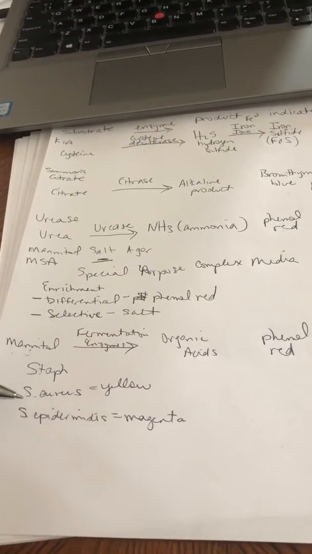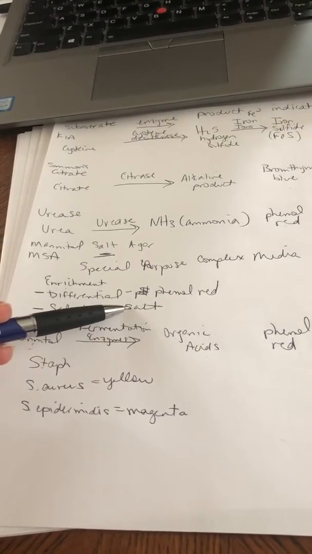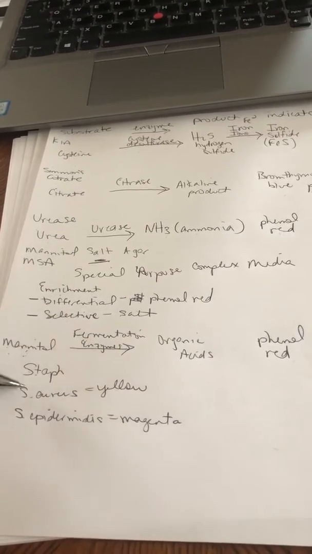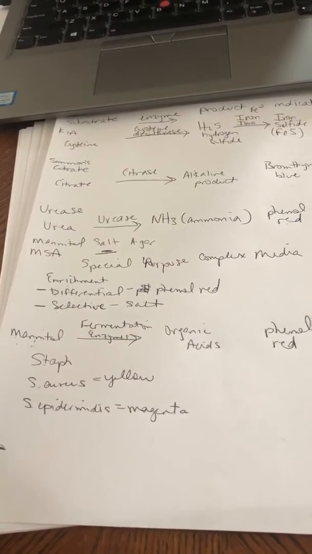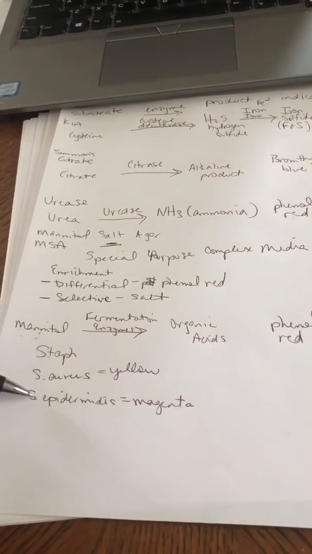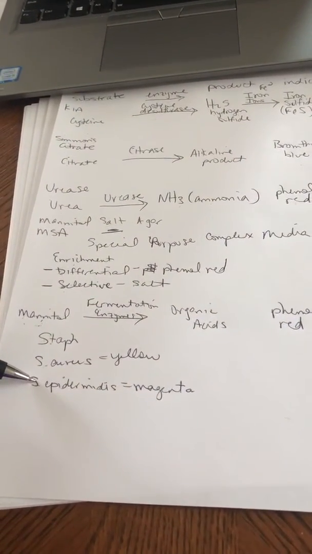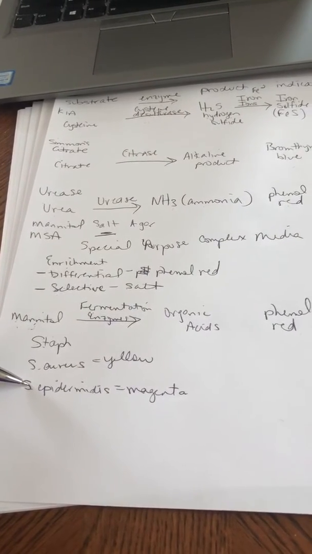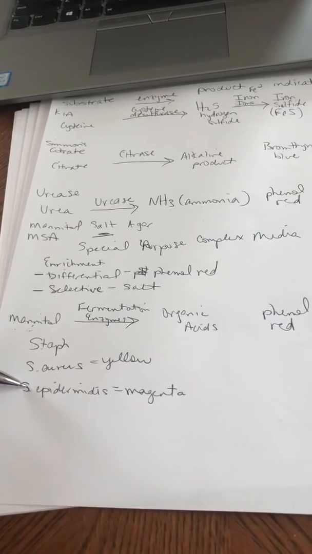And you're going specifically for skin bacteria that you know can grow in high salt. And then from there, it differentiates based on a color change what two types of staph are usually growing on people's skin. Again, this is a normal flora bacteria, staph epidermidis. Everyone's got it. It's usually not implicated in skin infections or anything like that unless you're immunocompromised.